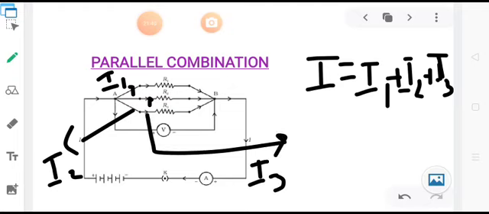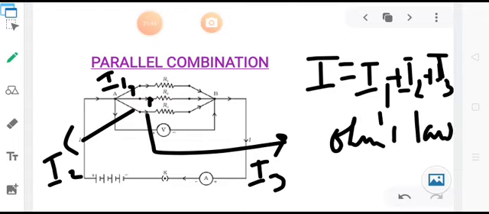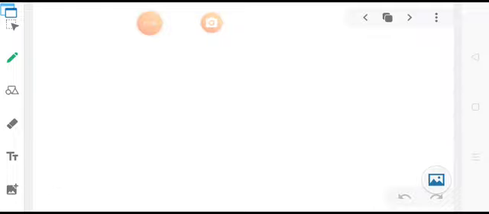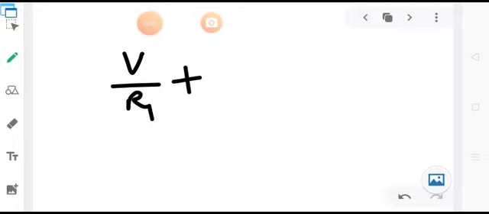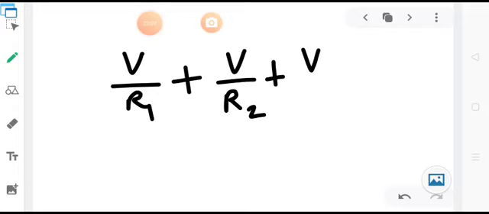So I is equal to I1 plus I2 plus I3. Now we will use Ohm's law. From Ohm's law, I1 should be V divided by R1, I2 is V divided by R2, and I3 is V divided by R3. So this is equal to the total current I.